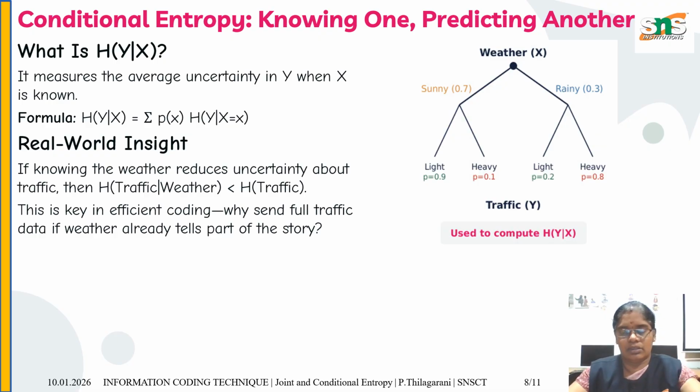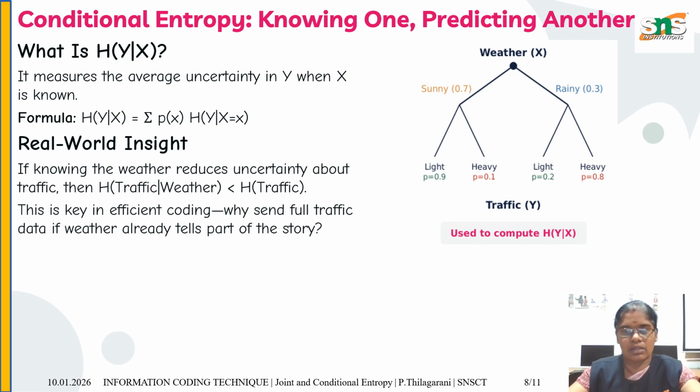Here weather is declared as X, with two weathers. Weather one is the summer season, weather two is the rainy season. In the summer season there are two traffic probabilities, light and heavy. Probability of light is 0.9 and probability of heavy is 0.1.